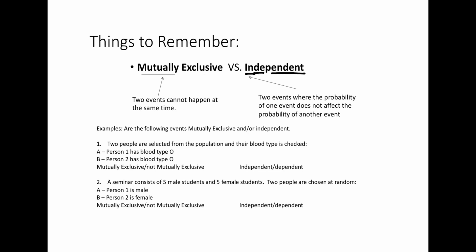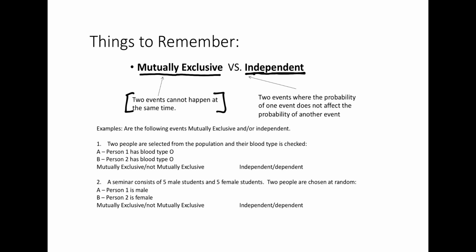I want to talk really quick about the difference between mutual exclusivity, which is something we took into account when we were looking at two events to see whether they overlapped, and two events that were independent. Remember the different definitions of each. Two events are said to be mutually exclusive if they cannot happen at the same time.